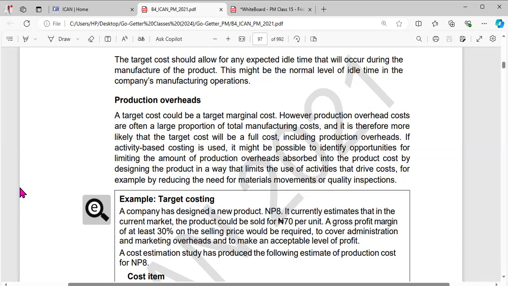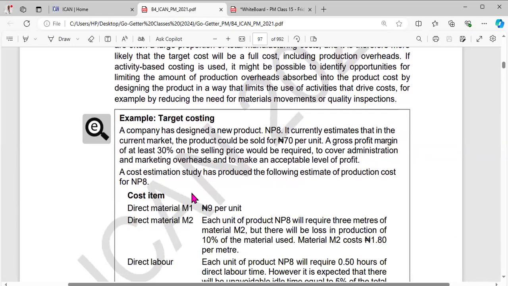Now, if activity-based costing is used, we need to identify opportunities for limiting the amount of production overhead absorbed by designing the product in a way that limits the use of activities that drive costs. For example, by reducing the need for material movement or quality inspection. Of course, quality inspections are highly required, but sometimes quality inspections will take costs, so you may want to cut back on that process.